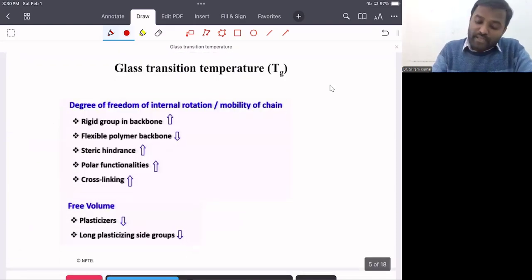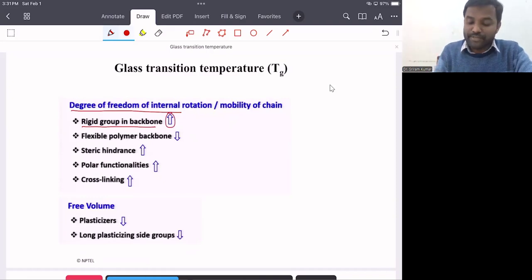In summary, and later on we will explain in detail with some data. If we want to manipulate the degree of freedom of internal rotation, and we increase the rigid groups in the backbone, then the glass transition temperature will increase. This sign shows that there is an increase in glass transition temperature. And if we increase the flexibility of the polymer's backbone, there is a decrease in the glass transition temperature.